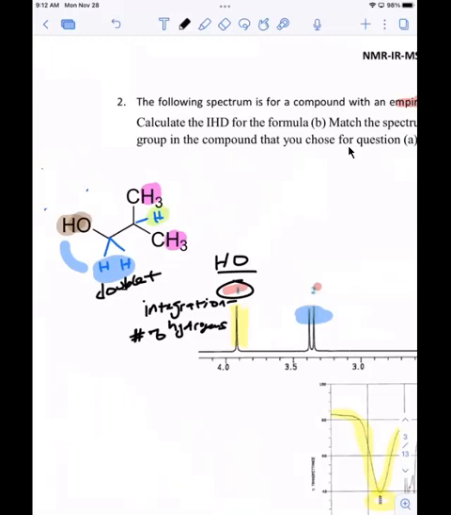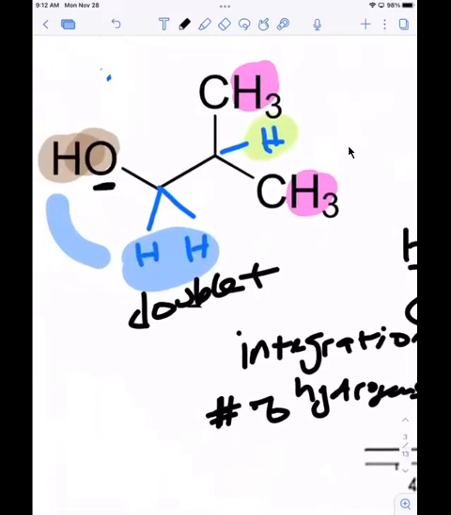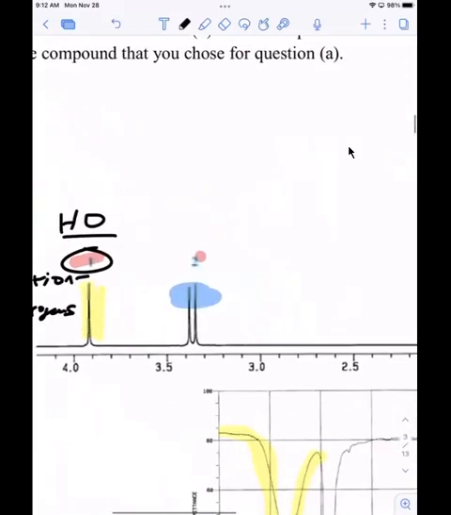It's de-shielding, which means that the amount of electron density around a proton is lessened, and when that happens, the proton becomes more electron poor, which a downfield shift corresponds to. So the fact that these 2 hydrogens right here have an oxygen next door to them, that's causing that downfield shift. So that's where that doublet comes from.